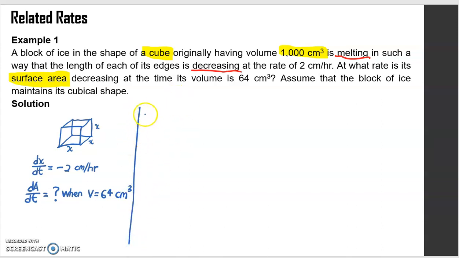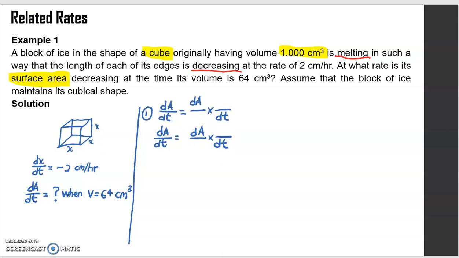First step, we start from dA over dt. I try to separate it into two different related rates. So dA over dt is equal to dA over dx multiplied by dx over dt.